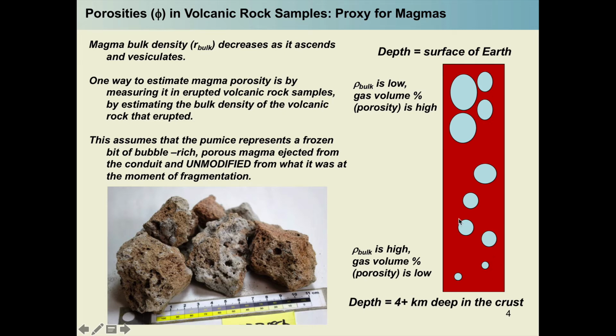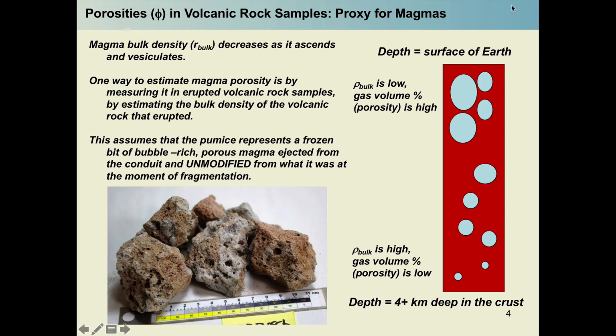As that magma rises, we're going to go up here through the conduit towards the surface of the earth. You can see that the gas bubbles are expanding because they're growing. That means that they're taking up more of the volume of that magma, and the dense part of that magma is much lower in terms of its proportion by volume.